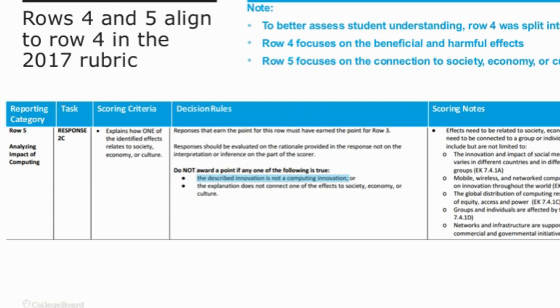Individuals, more than one, but it could be groups. It could be teenagers, or elderly, or diabetics, or females. It doesn't have to be all of society. It can be subgroups of society. So it has to be a group or individuals that are being affected by whatever the beneficial or harmful effect is.